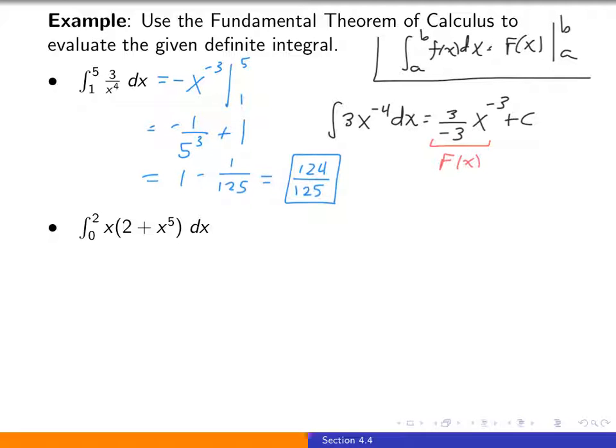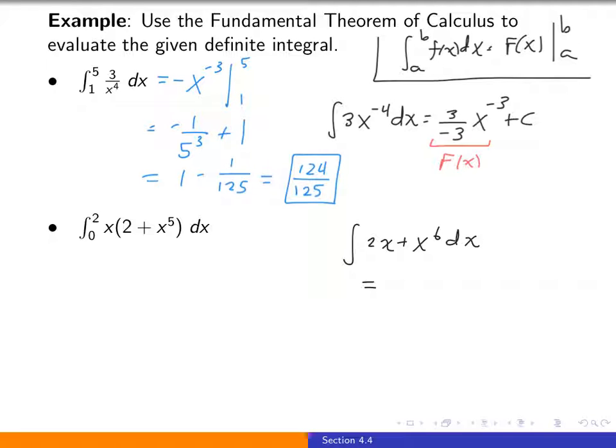So let's look at the second example. What we need to do is come up with an antiderivative of the function x times the quantity 2 plus x to the 5th. So once again, I'm going to do just a little bit of work to the side. So that integrand simplifies, if that x is distributed, to 2x plus x to the 6.